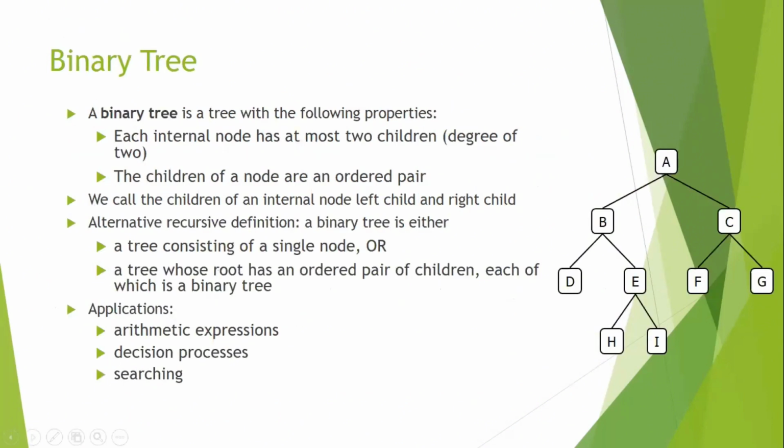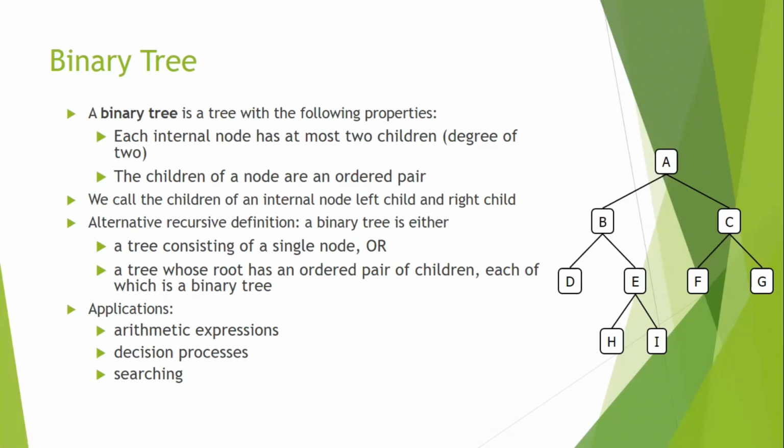So to elaborate more on the binary tree, a binary tree is a tree with the following properties. First, each internal node has at most 2 children, or the degree of 2. Next property is the children of a node are an ordered pair.